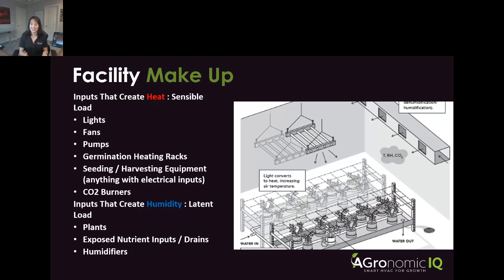Now, the reason I really wanted to give this presentation in this manner is that in the last several months, I've been talking with a fair number of mechanical engineers who are venturing into this space for the first time. They're designing these facilities, but I'm spending a lot of my time trying to explain to them what all goes into these facilities.